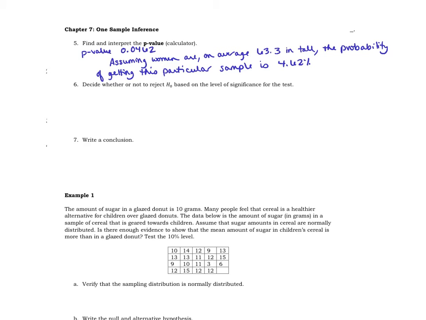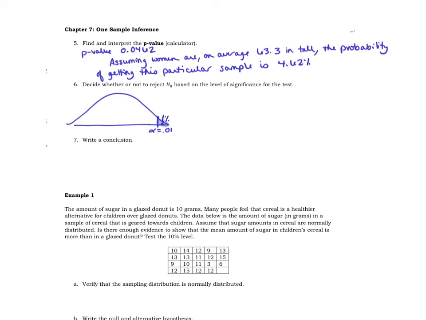So decide whether or not to reject the null hypothesis based on the level of significance for the test. So again, think of your curve here. We're doing a right-tailed test, and we were looking at the 1% level of significance. So remember, that means that 1% of the area is in that little tiny tail.